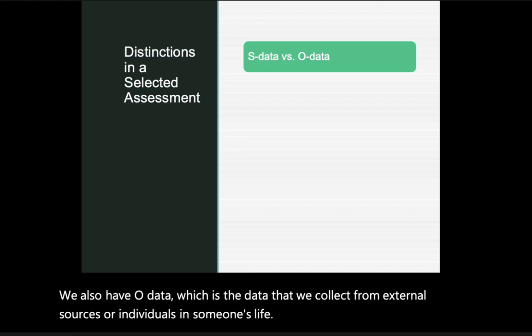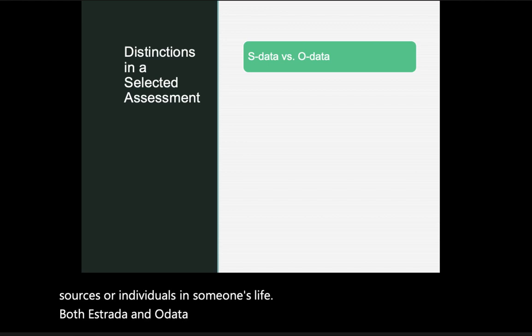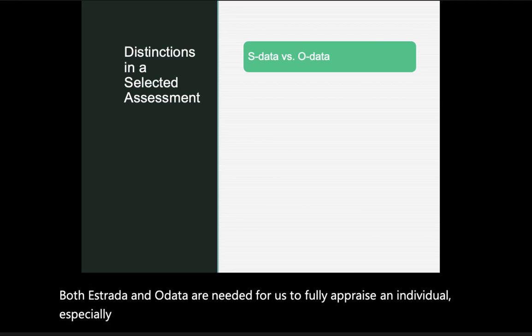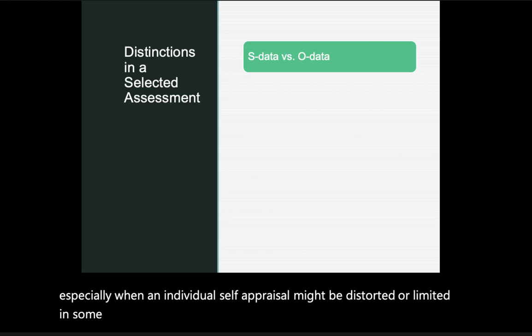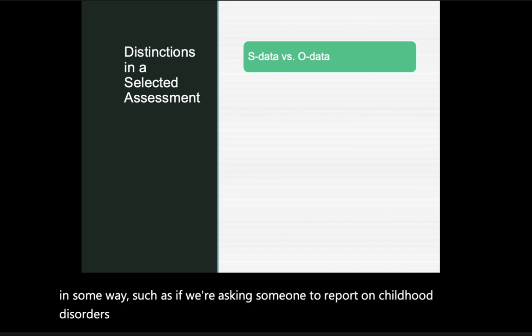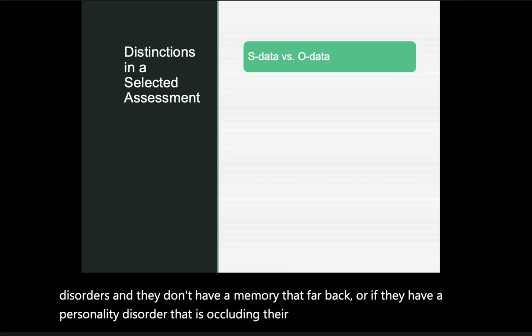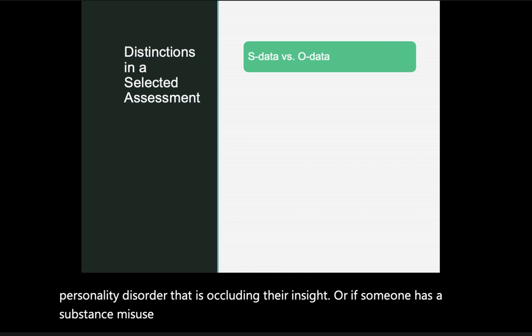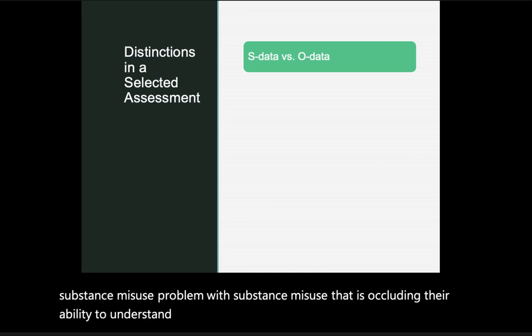Both S data and O data are needed for us to fully appraise an individual, especially when an individual's self-appraisal might be distorted or limited in some way, such as if we're asking someone to report on childhood disorders and they don't have a memory that far back, or if they have a personality disorder that is occluding their insight, or if someone has a problem with substance misuse that is occluding their ability to understand what they're experiencing.